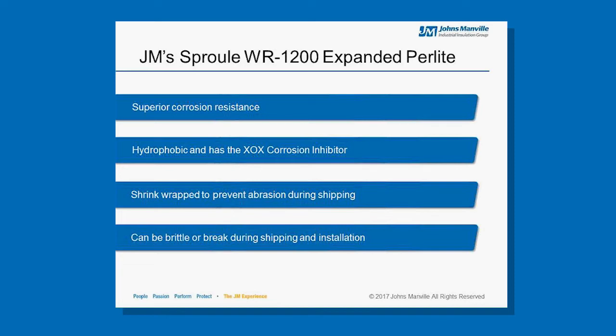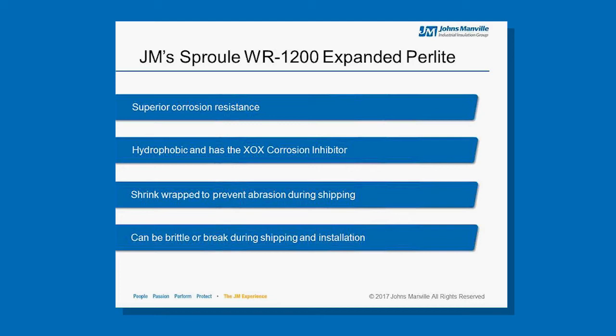When we look at expanded perlite benefits, it has superior corrosion resistance because it is hydrophobic, which means it won't absorb moisture, and it has the XOX Corrosion Inhibitor in it. We shrink wrap this product in order to prevent abrasion during travel and transport because it is a friable material and abrasive to itself.